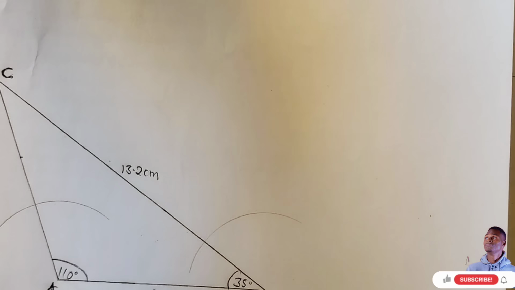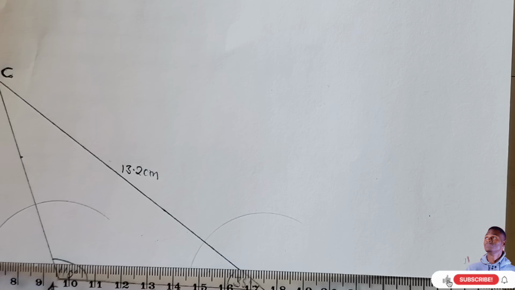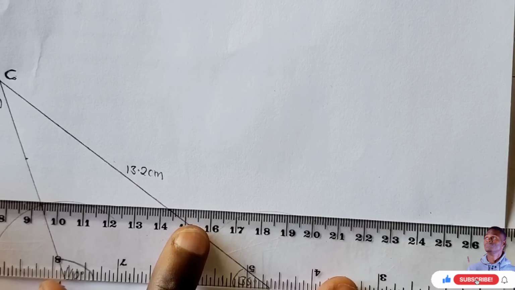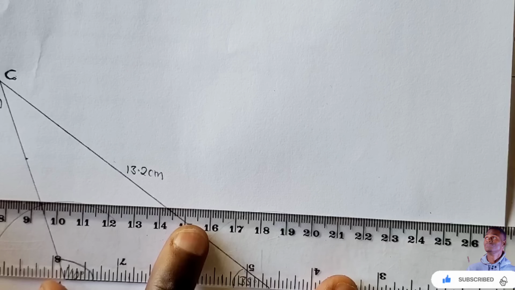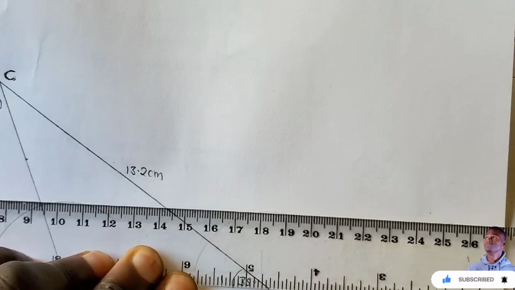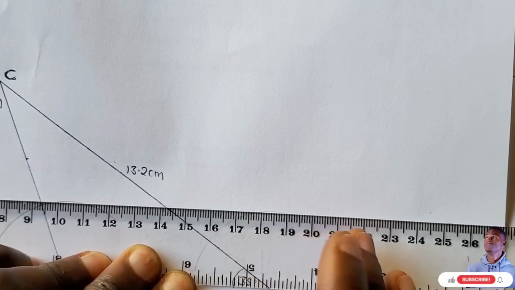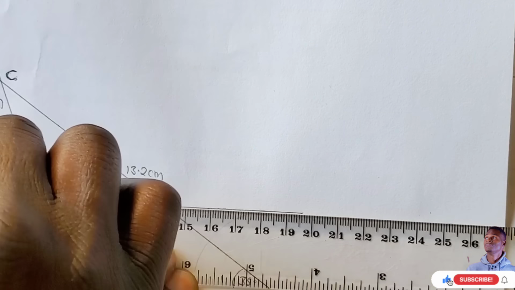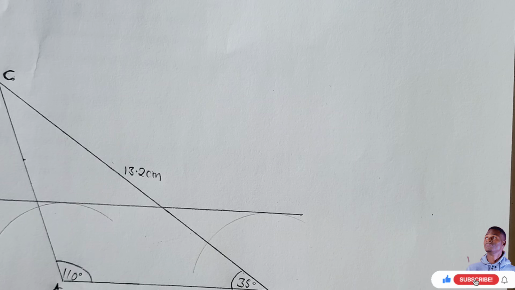So now, get your ruler and draw a line passing just the top part of these arcs. Something like this. Good.